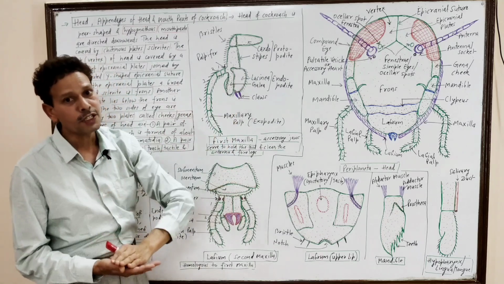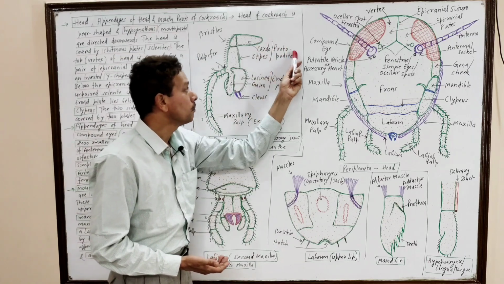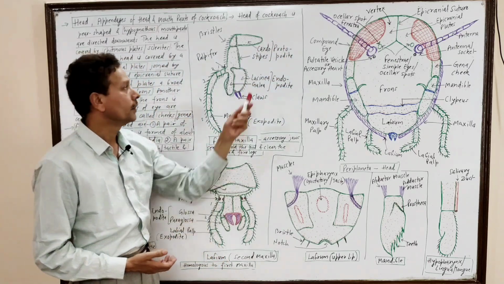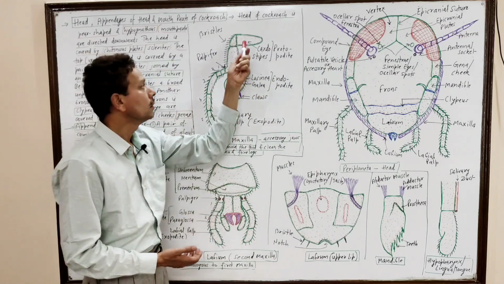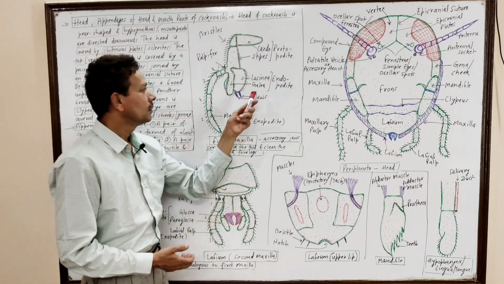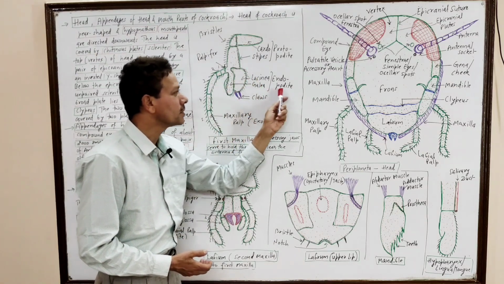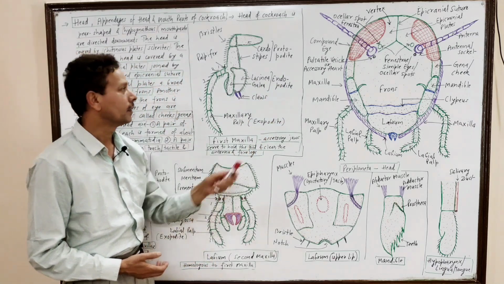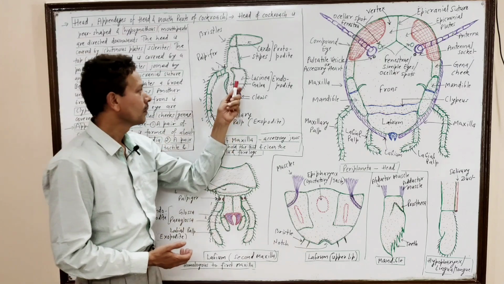Each first maxilla has three parts. Its upper part is protopodite, and this protopodite has two structures, cardo and stipes. This inner part of the first maxilla is endopodite, and this endopodite is further made up of two structures.